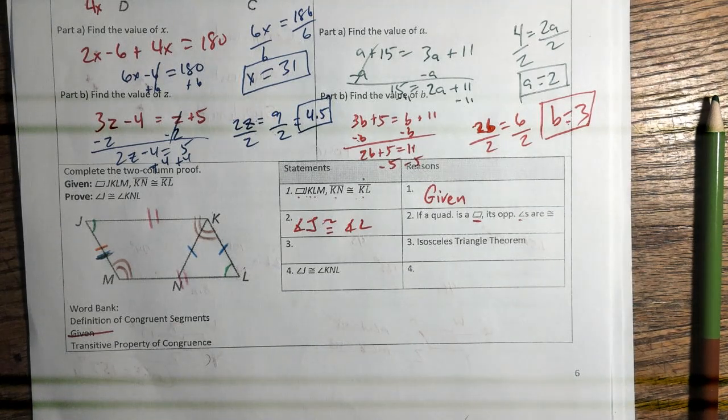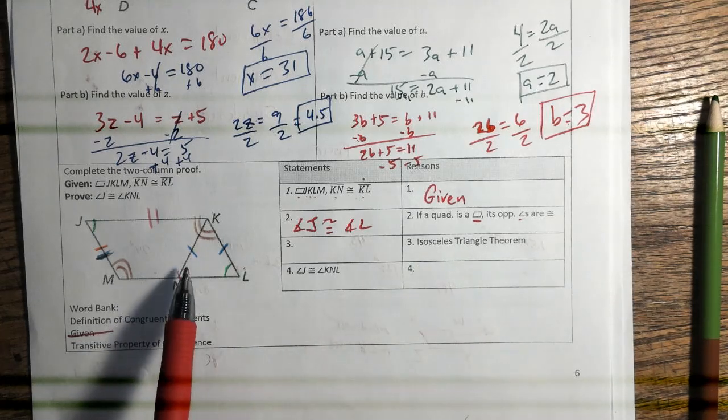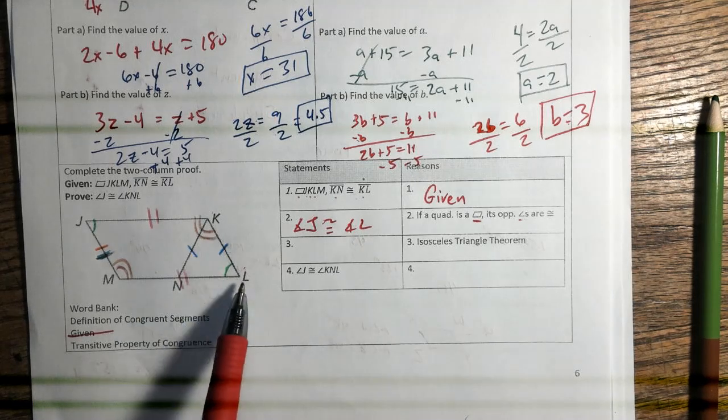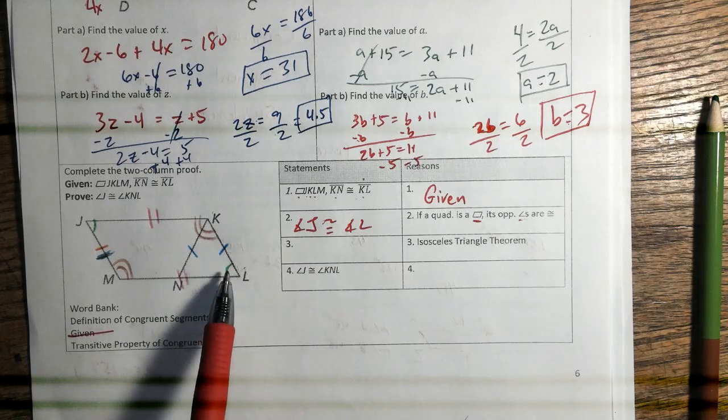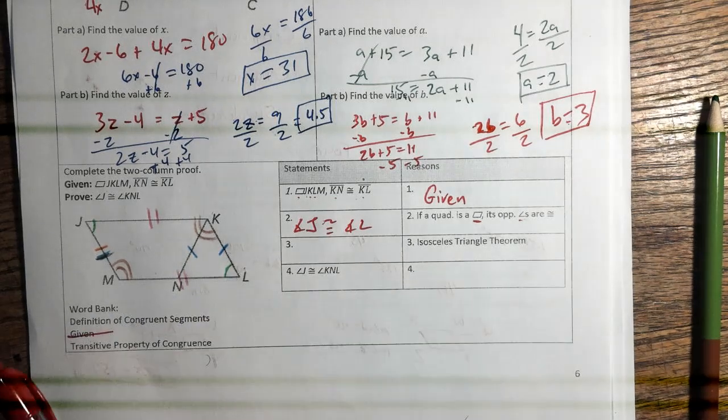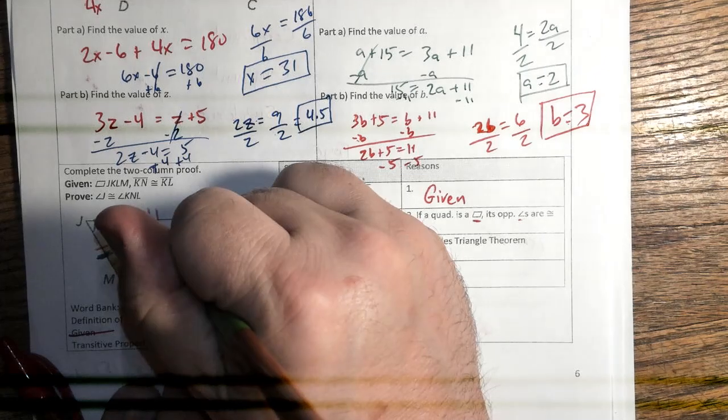All right, number 3, isosceles triangle theorem. We know in an isosceles triangle these two sides are congruent, so these two angles are congruent.